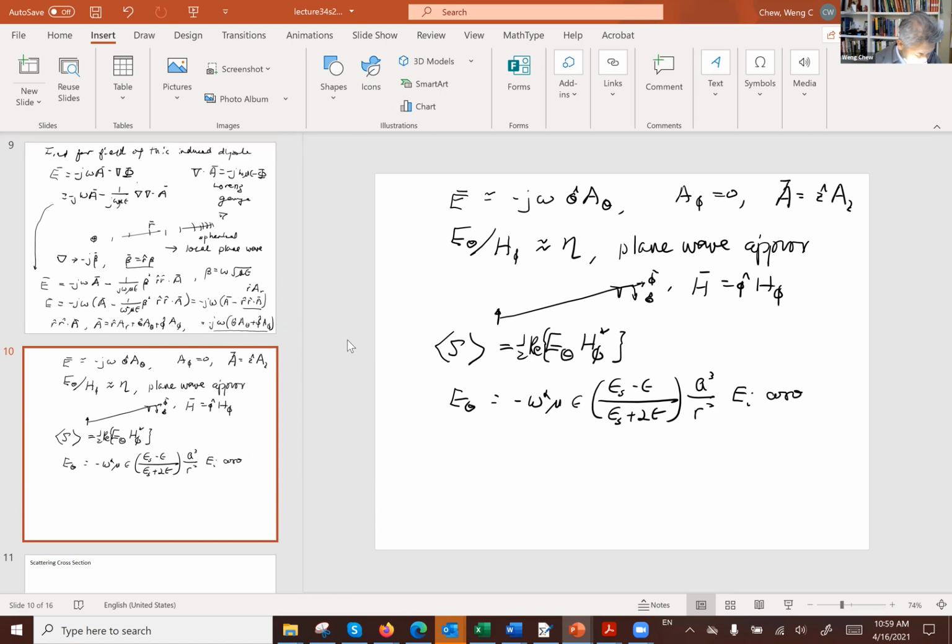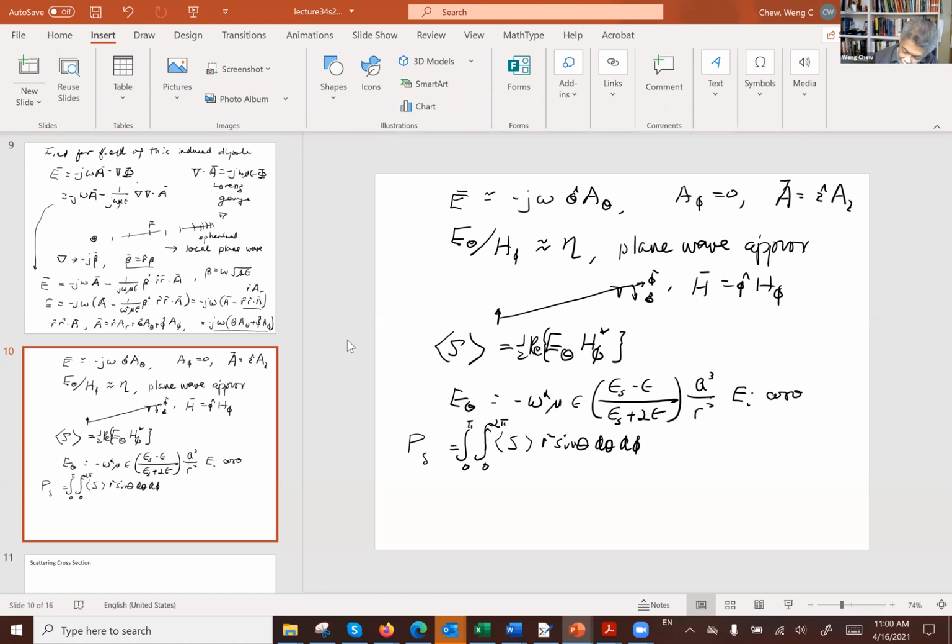And then if you work this out, the power scattered would be given by the Poynting vector integrated over all angles. So it would be this thing multiplied by r squared sine theta d theta d phi, integrating over 0 to 2 pi and 0 to pi, over all angles.